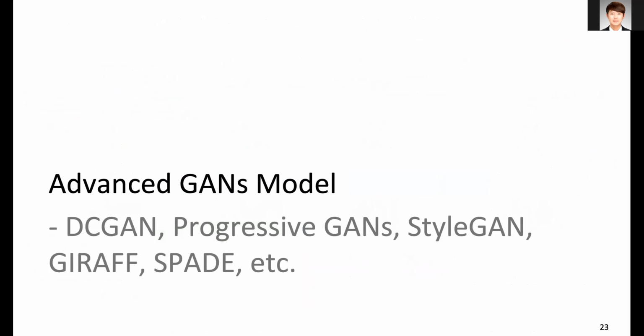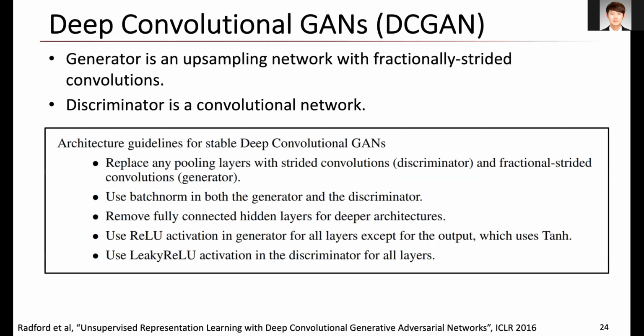Anyway, that's GAN. After that, there are so many kinds of advanced GAN models: DCGAN, progressive GAN, StyleGAN, GIRAFFE, SPADE, something like this. So today we will see many kinds of advanced techniques. First of all is the deep convolutional GAN, DCGAN, which is a real starting point of the evolution of GAN.